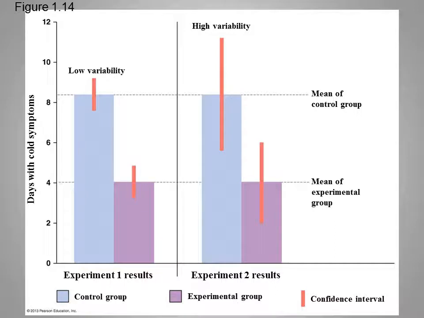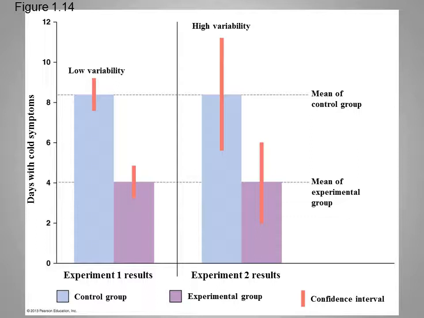In experiment 1, the variance around the mean is very small. So what this is showing you is that the results for the control group, the average is shown as about 8.2 or 8.3, that actually maybe goes as high as 9 and as low as 7.5, but the variance is quite small.